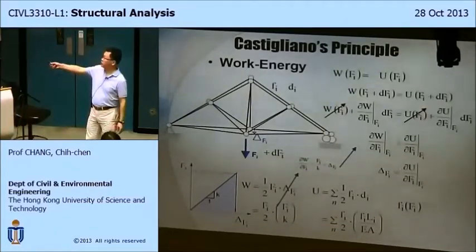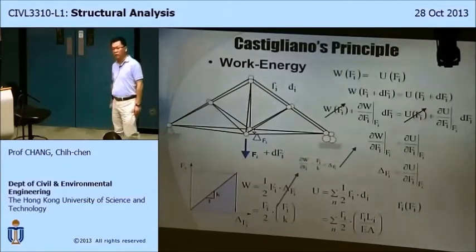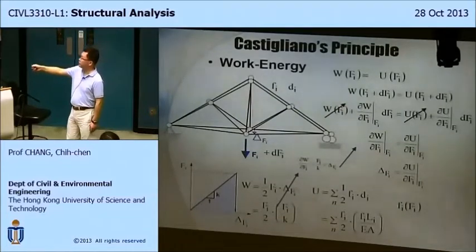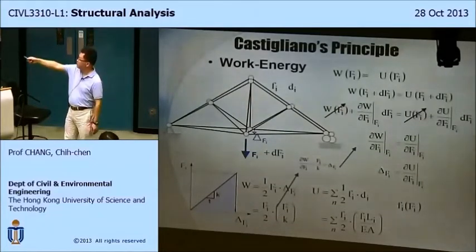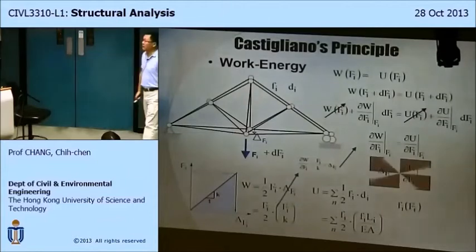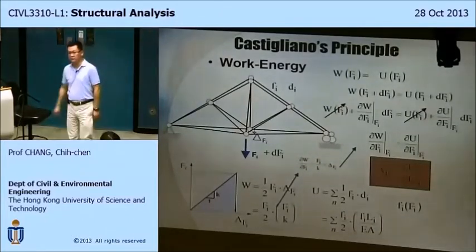So you only need to express the strain energy terms and then start to take partial differentiations with respect to a virtual force or a real force, depending on what you're looking for, and that will be corresponding to the deformations. So this and that, they are in pair. Okay? So that becomes the so-called Castigliano theories.